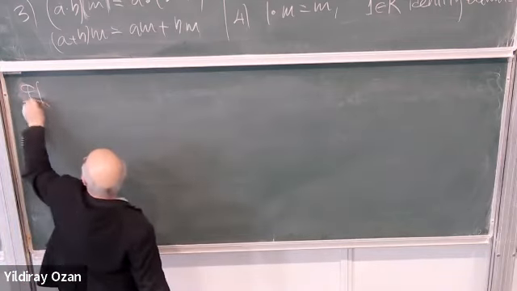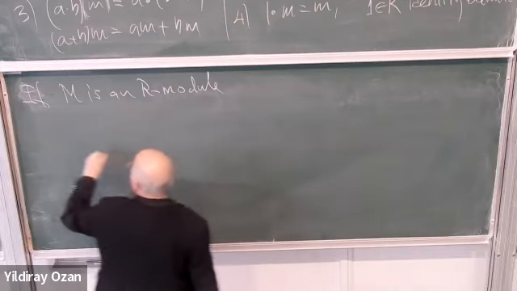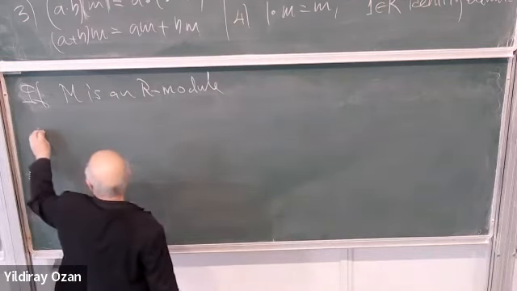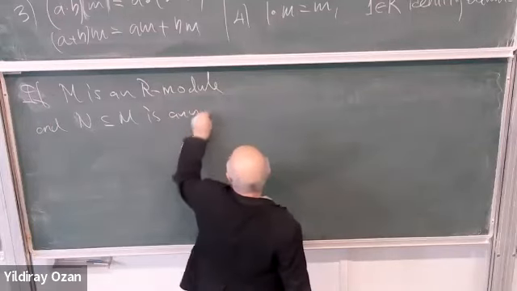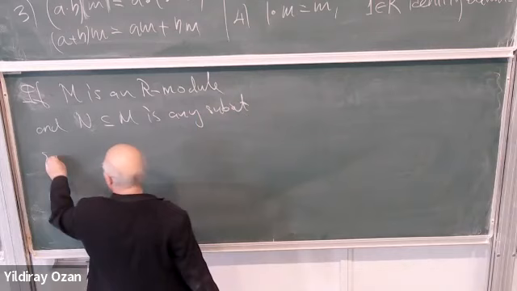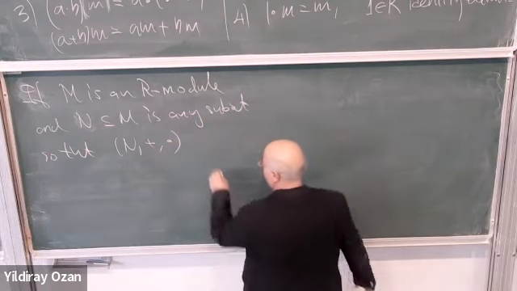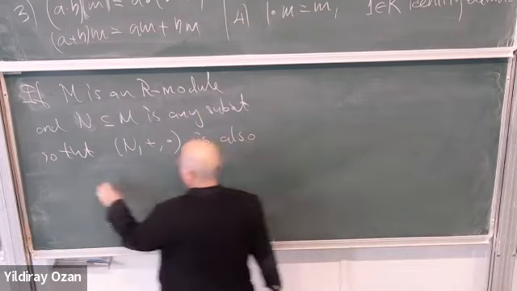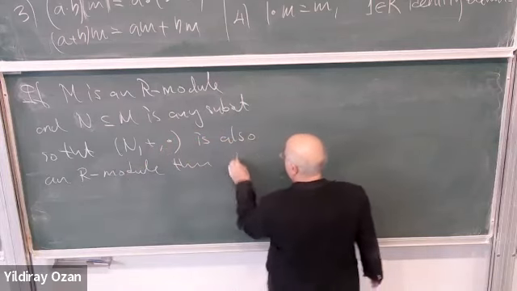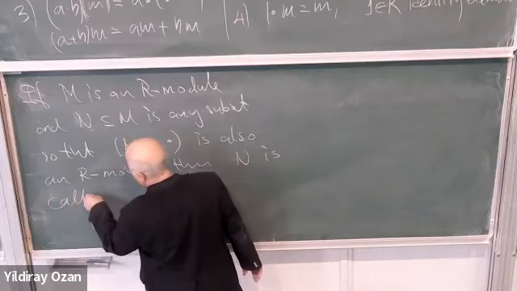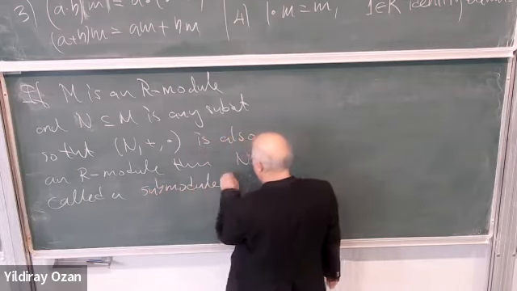If M is an R module, and N is a subset so that with the same operations, suppose this is also an R module, then it's called a submodule of M.